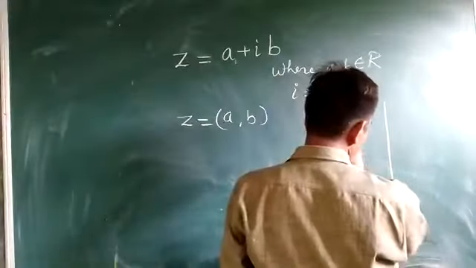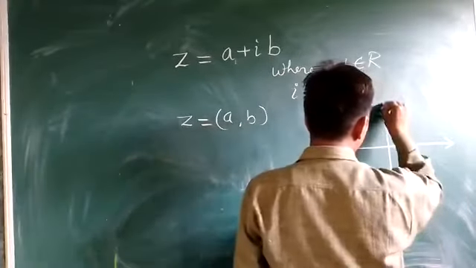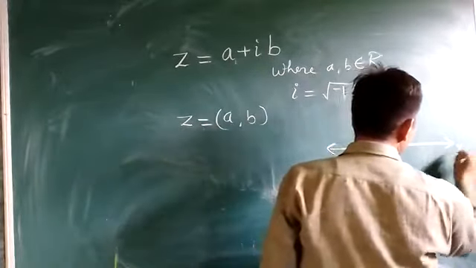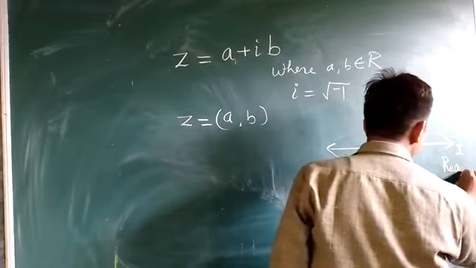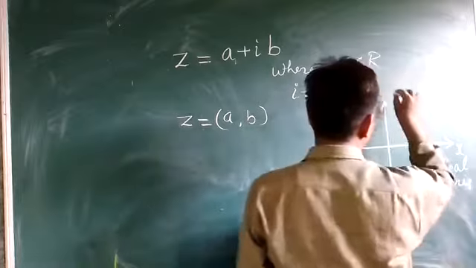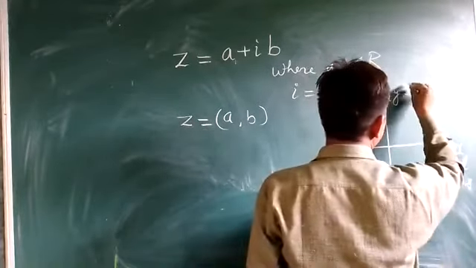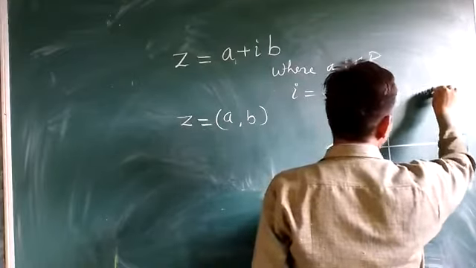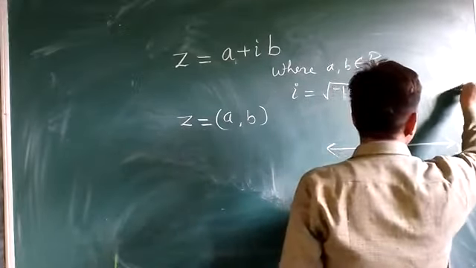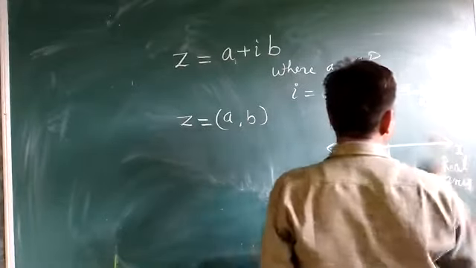The complex plane has x as the real axis and iota y as the imaginary axis.